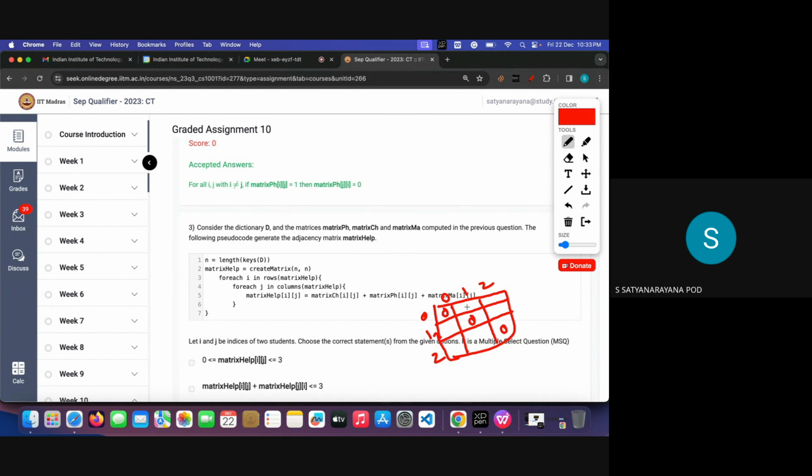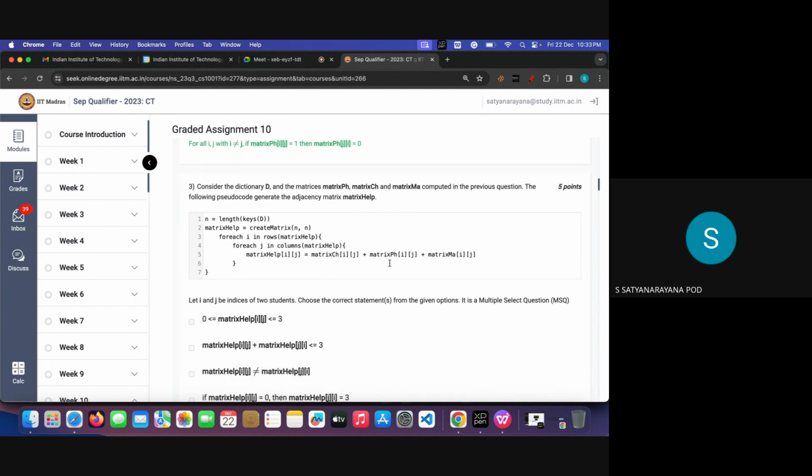Here 0 to 1 you might have 3, 0 to 2 you might have 1, 1 to 0 you might have 1, and 1 to 2 you might have 2. 2 to 0 you might have 3, and 2 to 1 you might have 2. Consider these values, because we are adding them. This is called matrix help. The sum, because sometimes all three are added. Is it clear up to here?